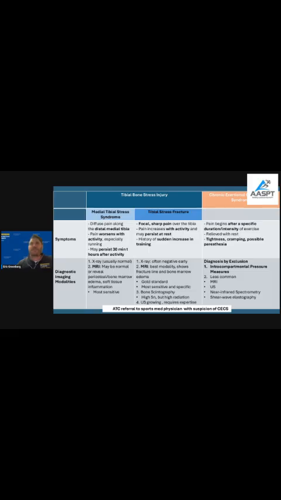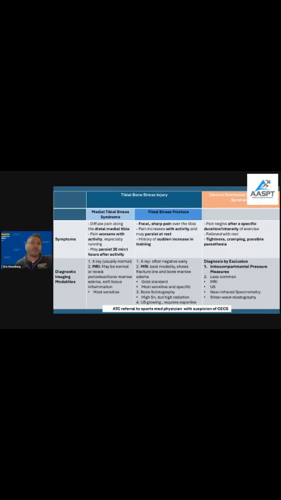Now, chronic exertional compartment syndrome is pretty much a diagnosis by exclusion. There's really not a lot of ways that we can diagnose this. And unfortunately, there is a lot of overlap between the symptoms that we see with exercise-induced compartment syndrome and some bone stress injuries. There's obviously exercise-related pain that occurs, and it's often relieved with rest.